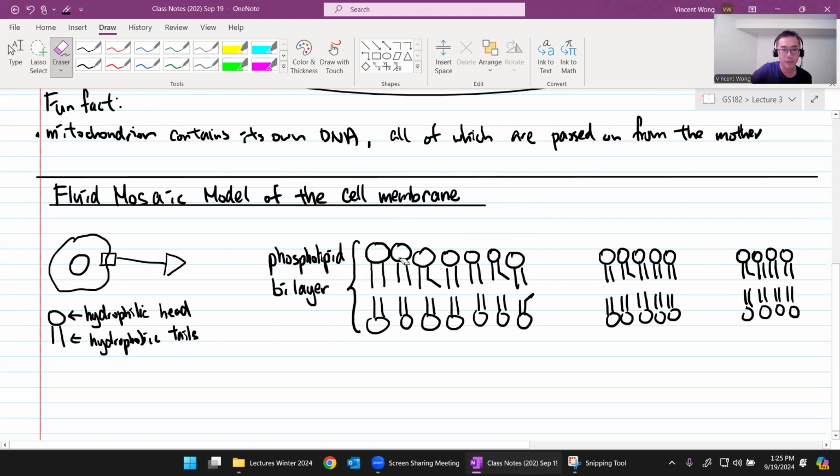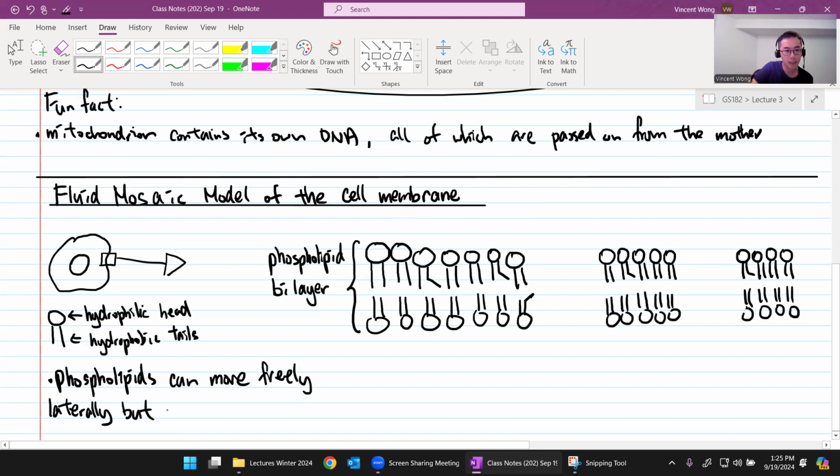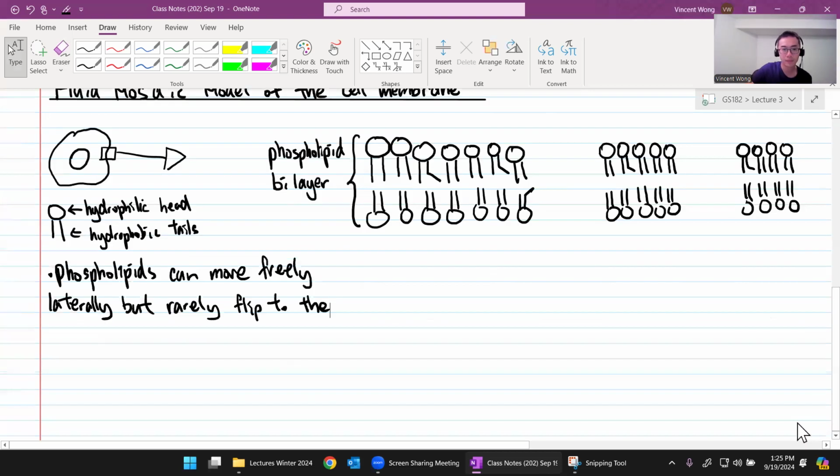Now these phospholipids can move freely horizontally, laterally, but rarely flip to the other side.